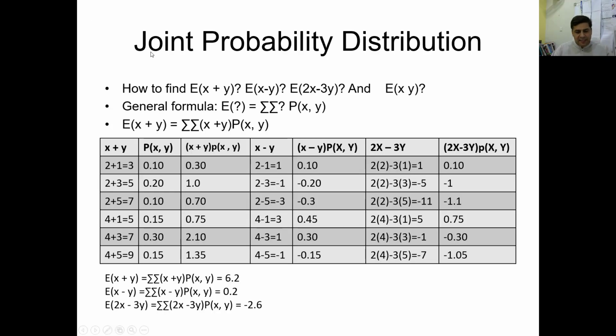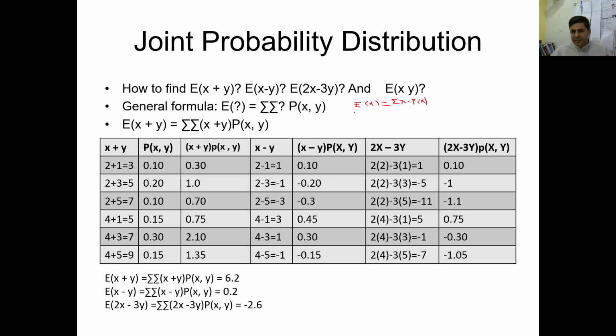Now in order to further extend it, I am going to solve some more questions on joint probability distribution. How to find E(X plus Y), E(X minus Y), E(2X minus 3Y), and E(XY). The general formula, you people know, for E(X) in general notation, we write it as the summation of x into its respective probability.